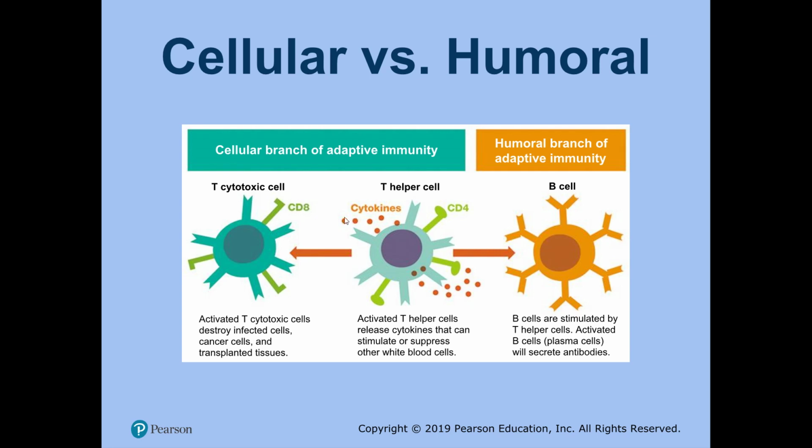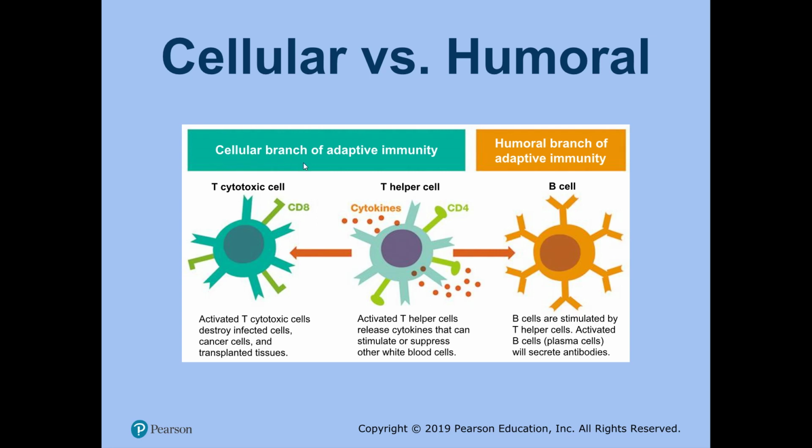And what's also important to know is that these CD4 and CD8 cells are part of the cellular branch of our adaptive immunity system. Maybe one way to remember that is you could think of calling for help, and you think of your cell phone to call for help.